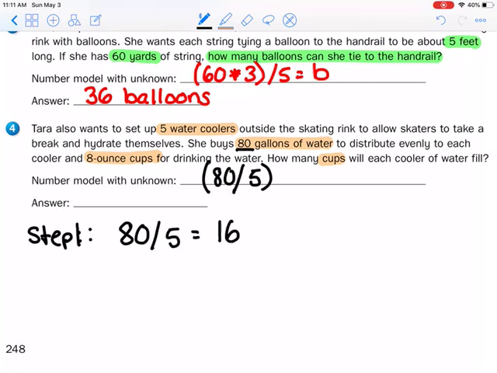So step 2 is to figure out how many 8-ounce cups you'll need for the water. Well, I know that there's 16 ounces in a cup of water. So I have to multiply by 16.